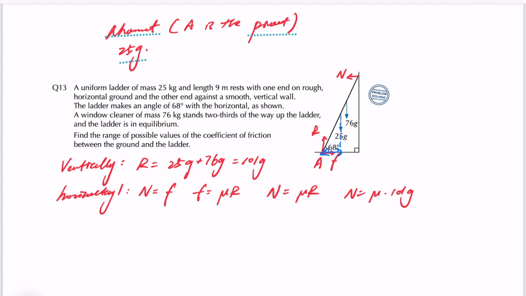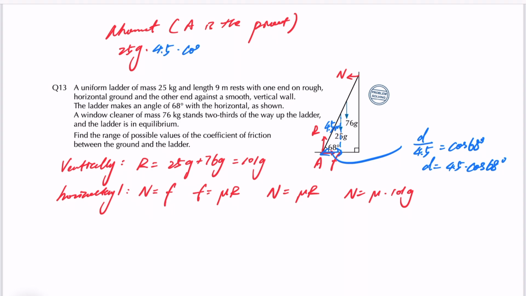And in total, the length of the ladder is 9, which is why it's 4.5 meter here. So the perpendicular distance, d over 4.5, equals cosine 68 degree, which is why d equals 4.5 times cosine 68 degree.